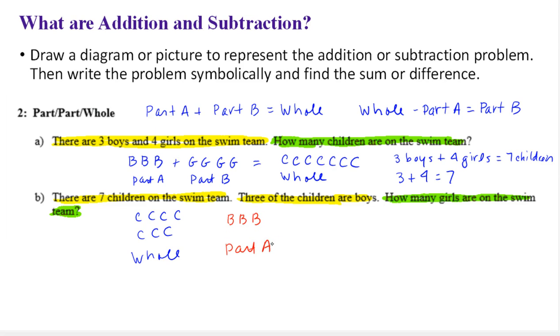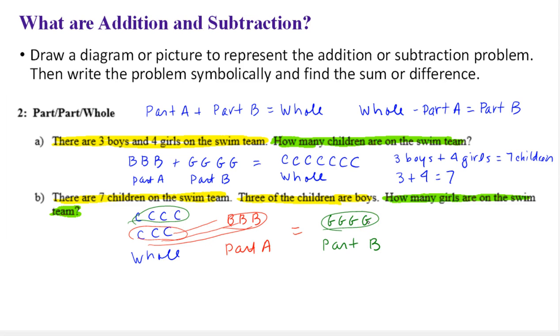We'll call it part A. Okay, and these 3 children, or any 3 children, will match up with the 3 boys, and then we know the remaining part, which is going to be the girls, are these 4 children, which we'll use G's for. Okay, so this is one part. Here's another part. Okay. And these 2 parts together make up the whole. And we found the number of girls.